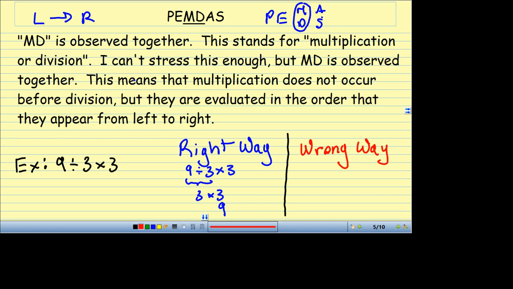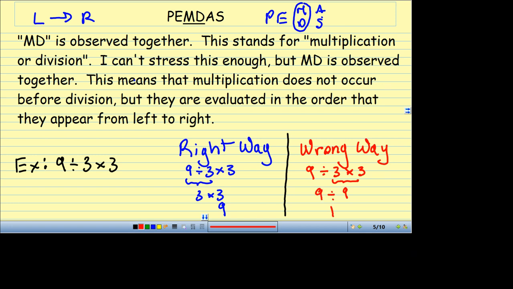Let me show you a wrong way of doing it, because people do this all the time. Can't tell you how often I'm marking people down on their tests for this. Don't make this mistake. People are like, okay, multiplication comes first. Hey, I got a 3 times 3. I'm going to do that. 3 times 3 is 9. 9 divided by 9? Well, what do you know?